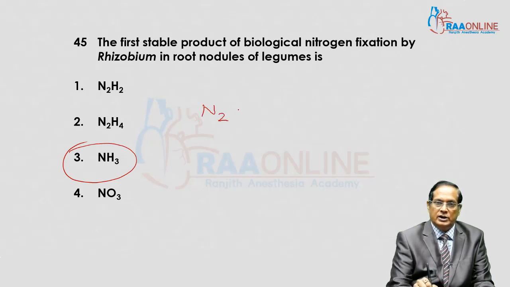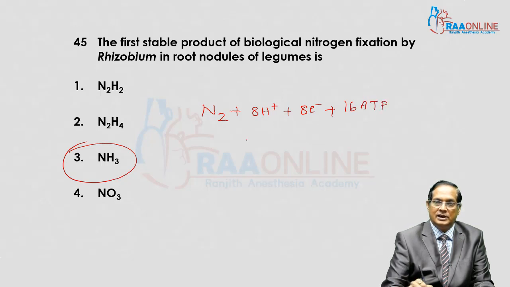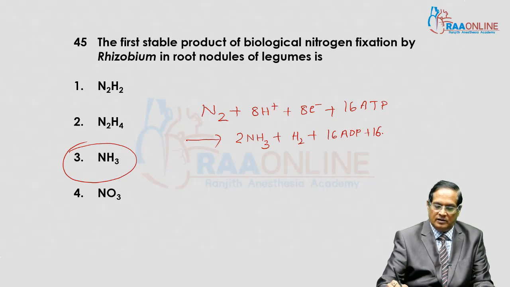N2 needs 8 protons and 8 electrons plus 16 ATP, resulting in formation of ammonia plus hydrogen, then 16 ADP plus 16 inorganic phosphates are released.